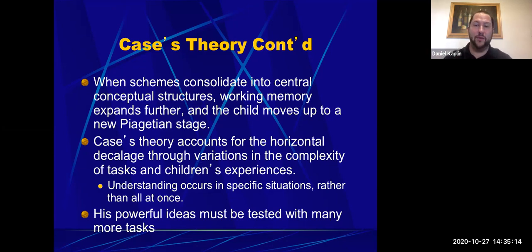And as they do that, that's a transformation that moves a person from sensory motor stage to pre-operational thought, to concrete operations, and so forth. So it's this consolidation of schemes and automatization of schemes and moving it to central conceptual structures that help you move between the stages.